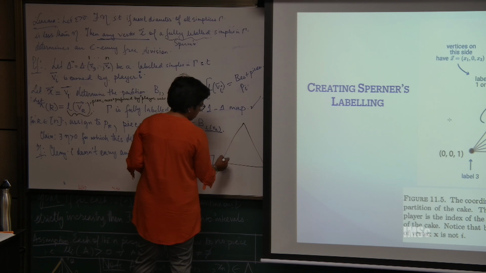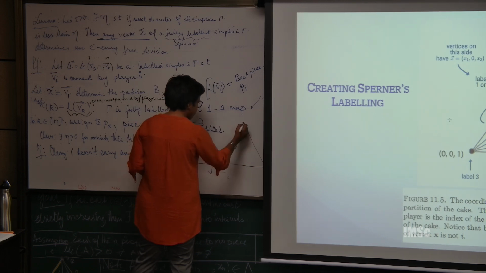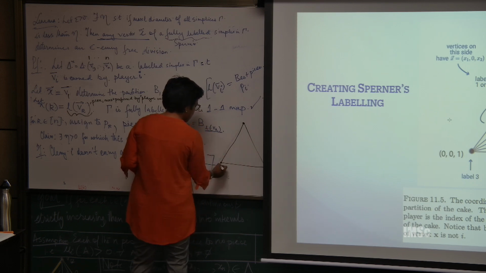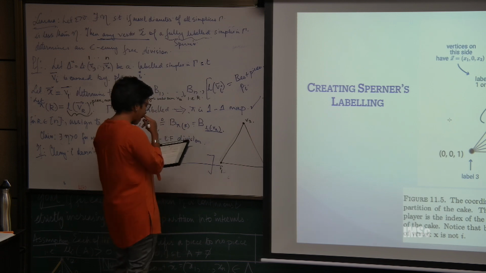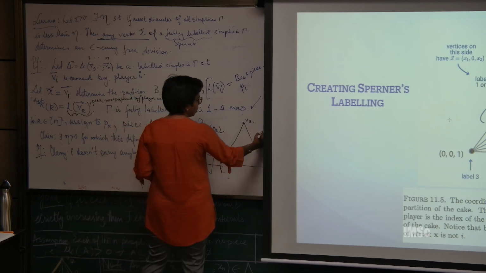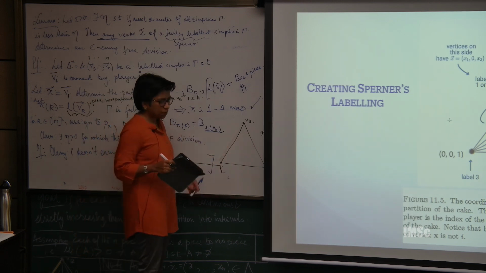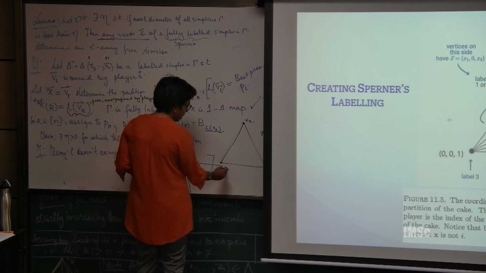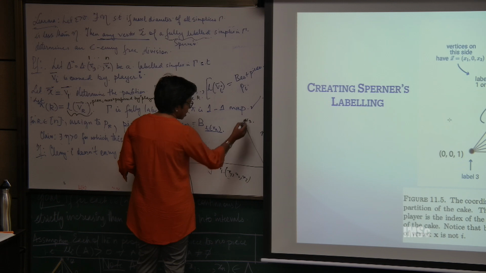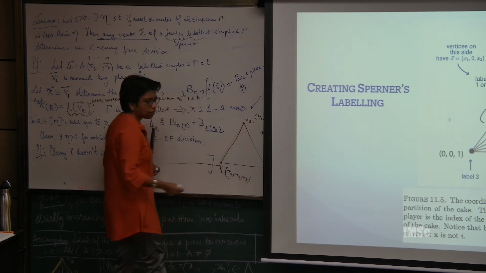The diameter plays the role here. So this is V1, V2, V3. Because the diameter of this is small, at most eta, V1 and V2's preferences, if I think about V1 as being a set of coordinates, and this is y1, y2, y3, they are not far.